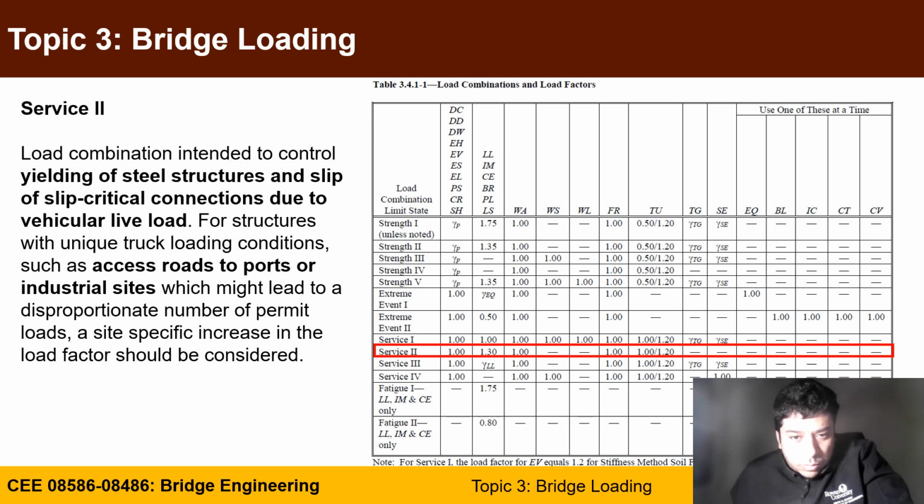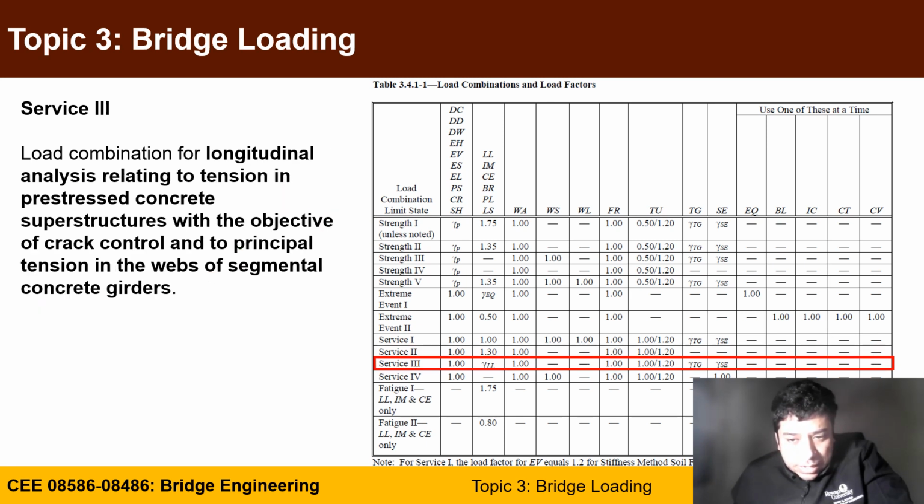Service 2 is a load combination intended to control yielding of steel structures and slip-critical connections due to vehicle live load. So this is more like steel structures, and access road bridge truck loading conditions such as access roads to ports and industrial sites. So when it's a specific case, you check for service 2.